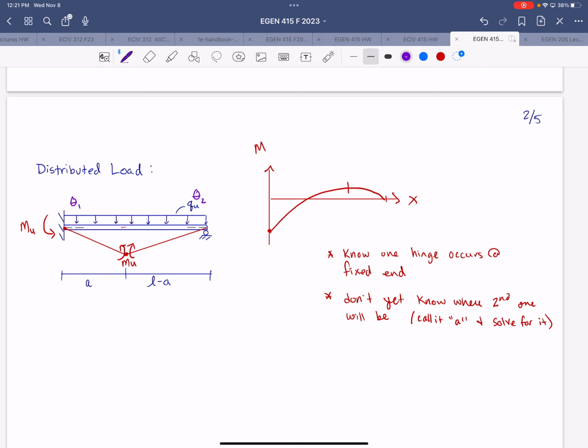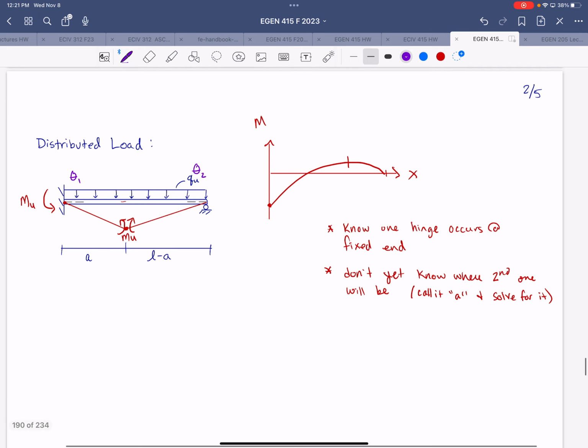We can't say in this case that theta 1 and theta 2 are equal to each other, so we're going to keep them in terms of theta 1 and theta 2. Also going to note the distance underneath the maximum deflection at the plastic hinge. Call that delta.